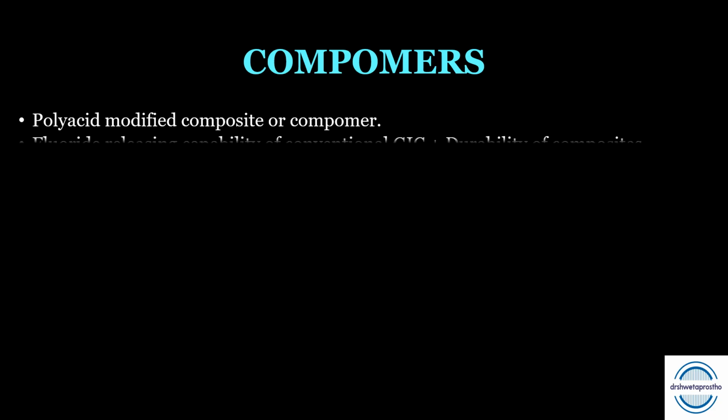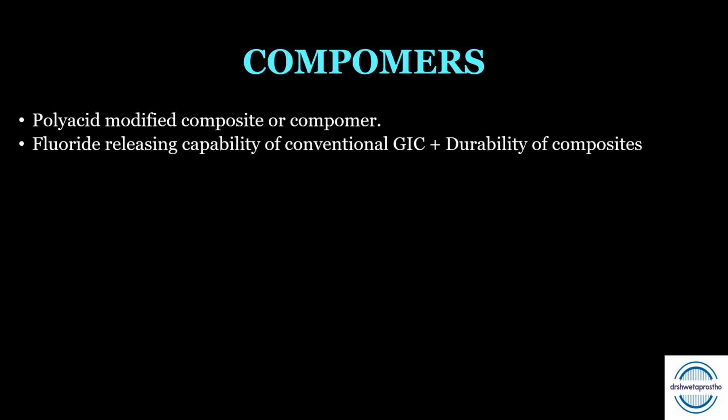Next are the compomers. These are the polyacid modified composites, or compomers. Compomers contain more composite, which is modified by the polyacids. These materials have the fluoride releasing capability of the conventional glass ionomer cement and the durability of the composites.